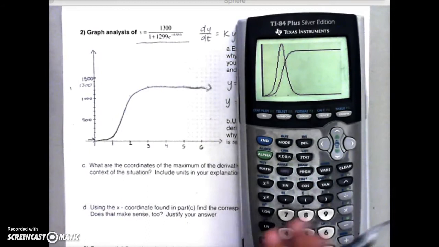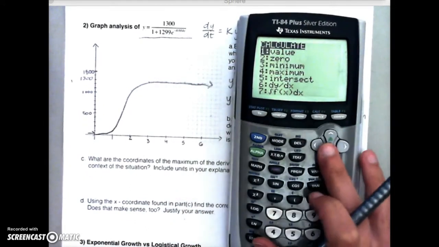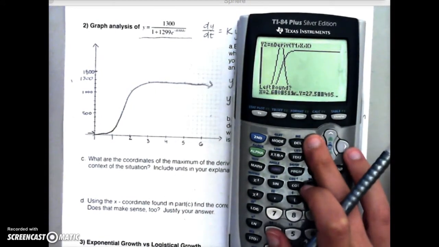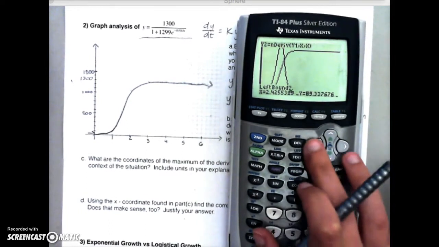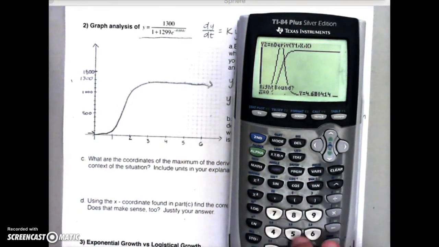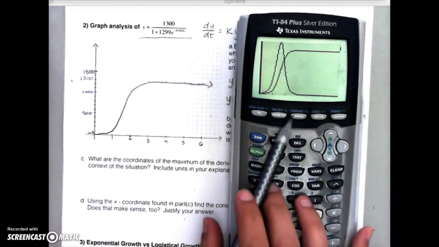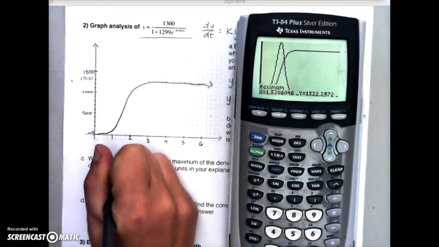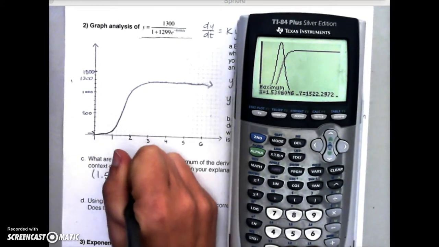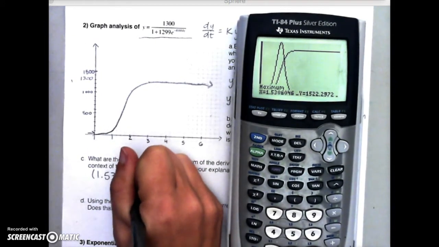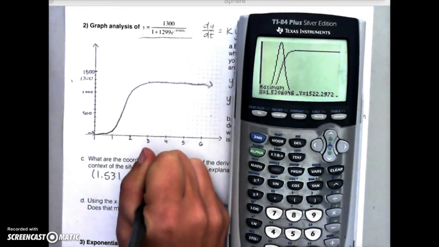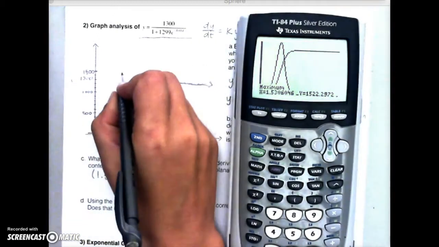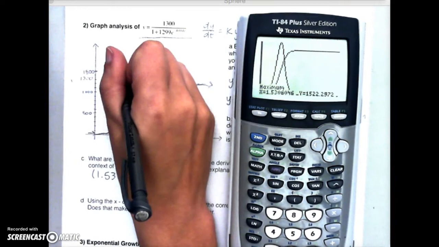Next problem: what are the coordinates of the maximum of the derivative? I'm just going to use my calculator to find the maximum of the curve. And the maximum occurs at 1.531, comma 1522.297. So I'm going to sketch this curve onto my graph.